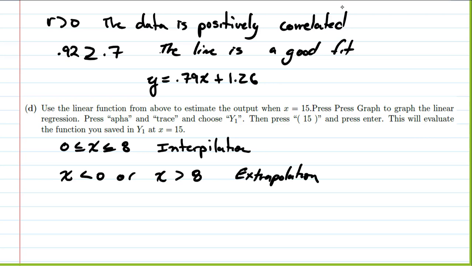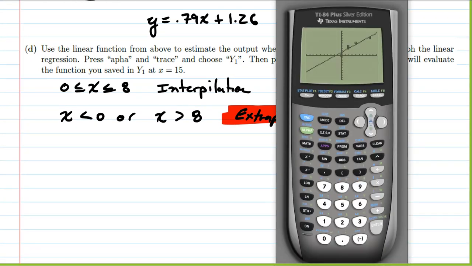So in our case, if we are asked to do when x equals 15, that's going to put us here. So we're going to be extrapolating from this data the output when x is 15. So to do this on our calculator, since we saved our regression equation as y1, we just go to our home screen, we go alpha trace, choose y1, parenthesis, and 15.